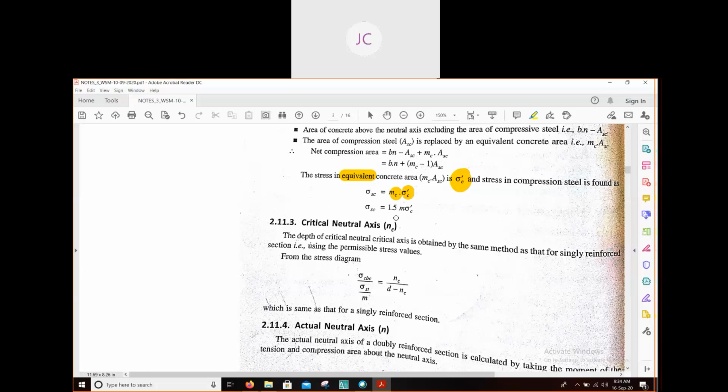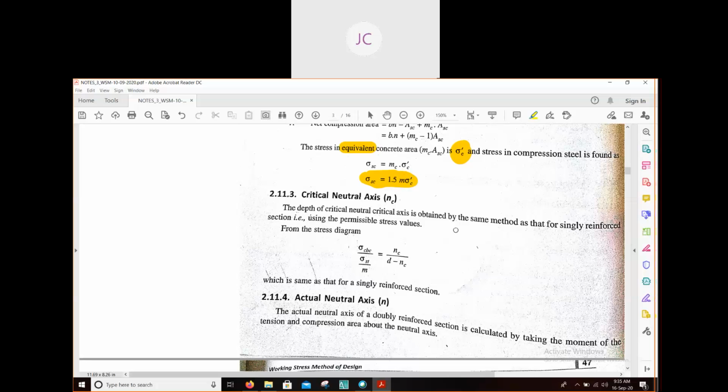We know that MC equals 1.5 times M, and sigma C dash will remain the same. So this is the formula to find the stress in compression steel: 1.5 times M into sigma C dash.